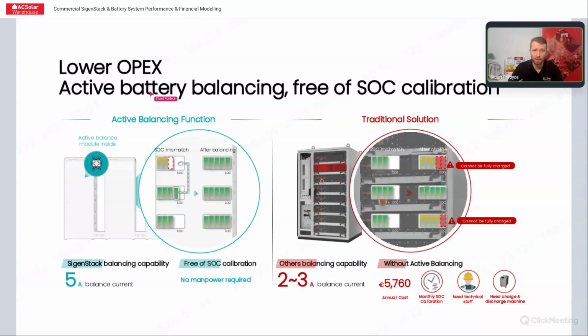Now, active balancing, this is something that often gets overlooked on projects, particularly if you're looking at building your own systems where you're getting your own battery stack and a third-party inverter. If you don't have active battery balancing across your modules, initially when you install the project it's not so much of a concern, because you have a fairly consistent state of charge across your batteries from the factory, and they all have very similar performance.